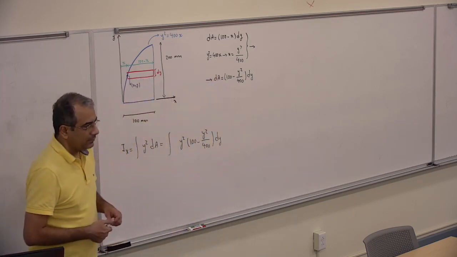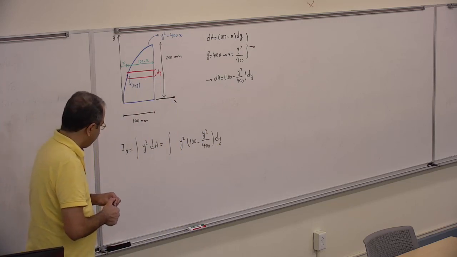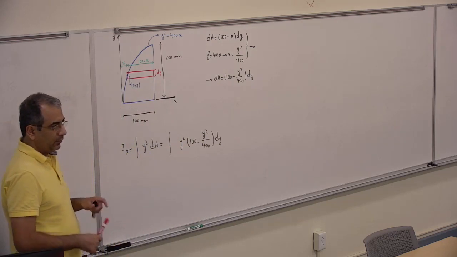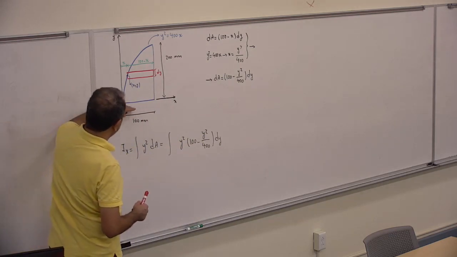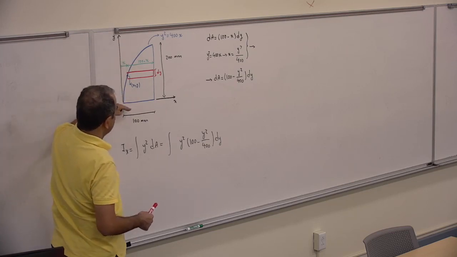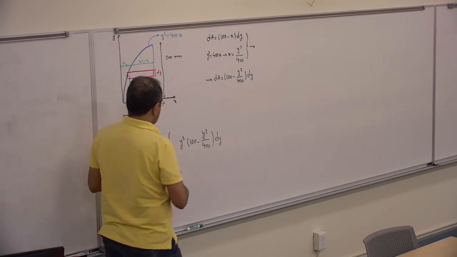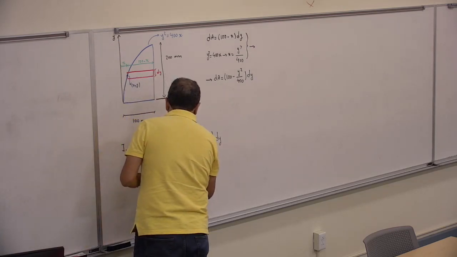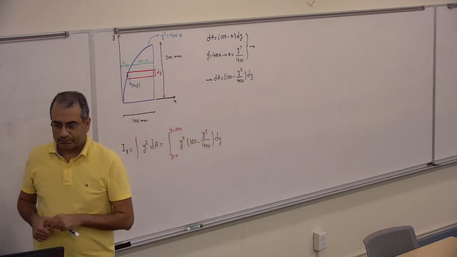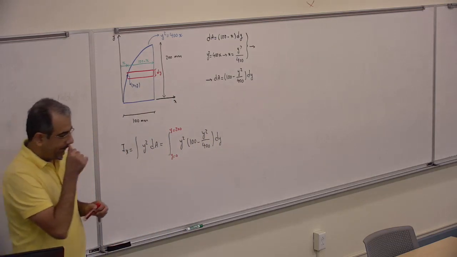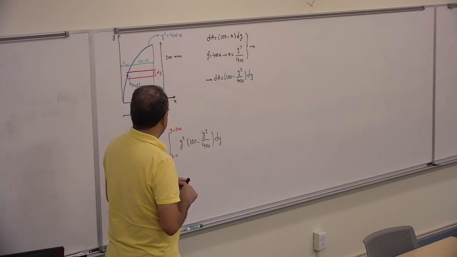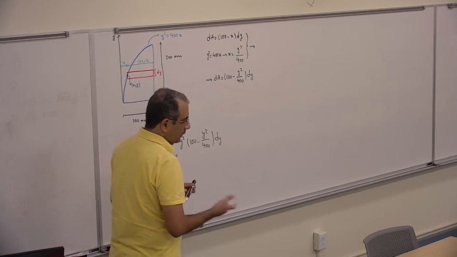And the limits: you're integrating over y, so you have to start from the bottom of the cross section to the top of the cross section. So let's start from 0 to 100. So y goes from 0 to y equal to 100, and plug it in your calculator.